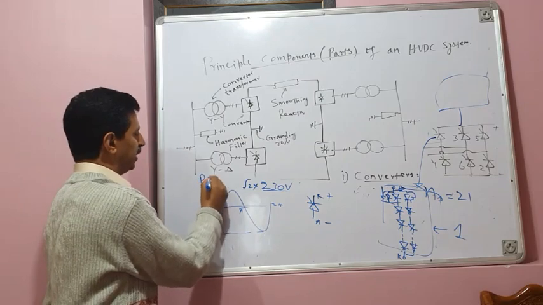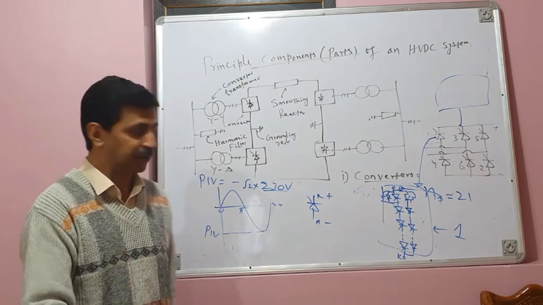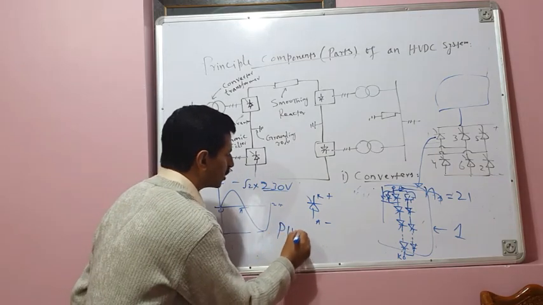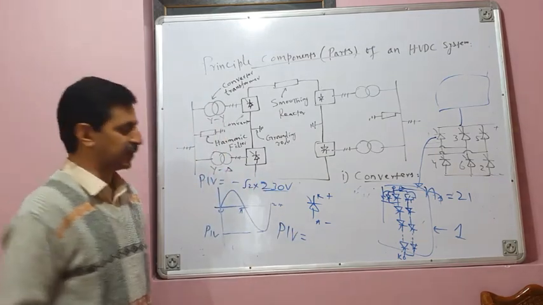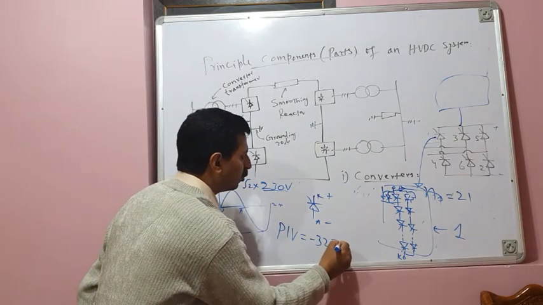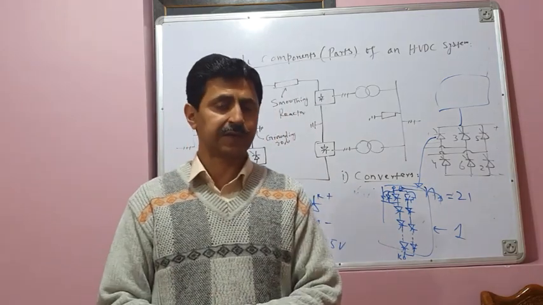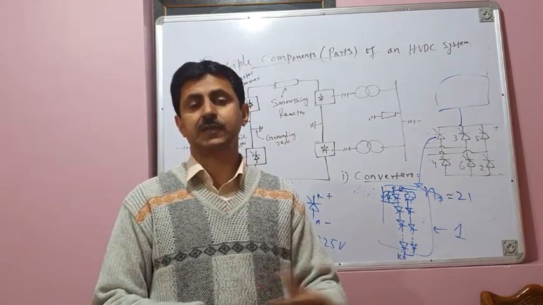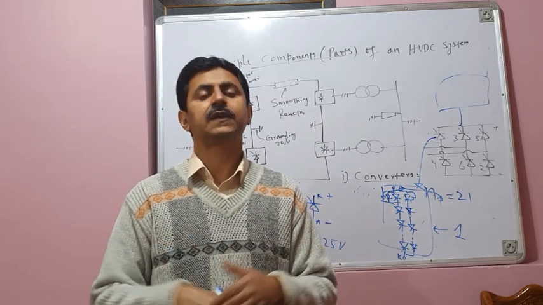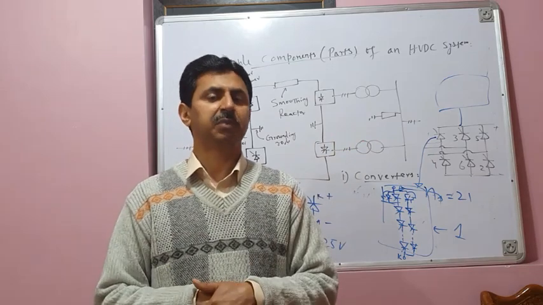That becomes its peak inverse voltage, of course negative, because it blocks reverse voltage. So the peak inverse voltage for a 230 volt system is root 2 times 230, around 325 volts. And for high voltage DC transmission systems, it is not in volts, it is in kilovolts. Your thyristor valve should be capable of withstanding large peak inverse voltage.